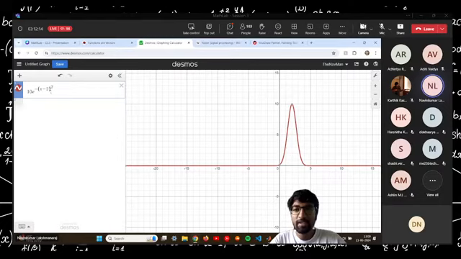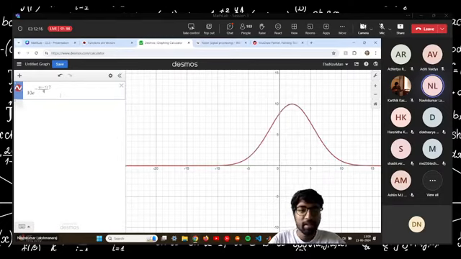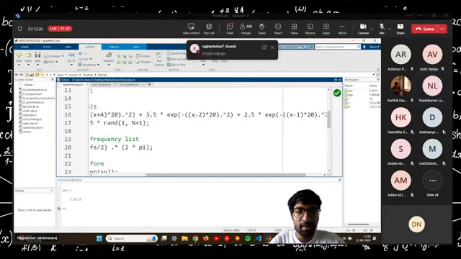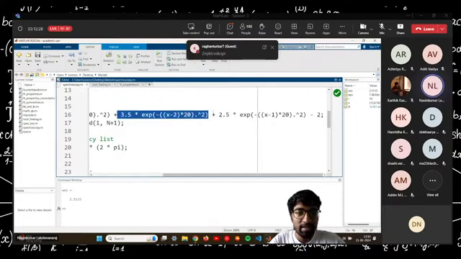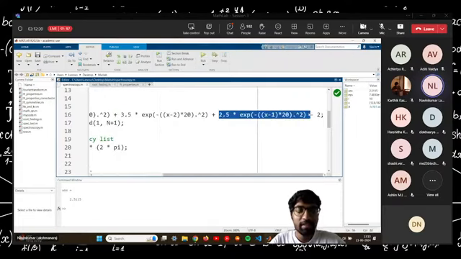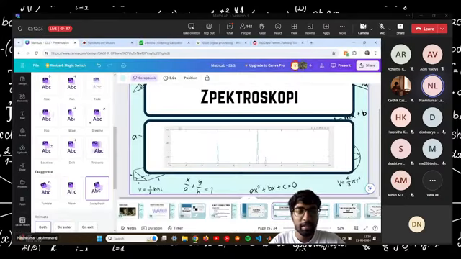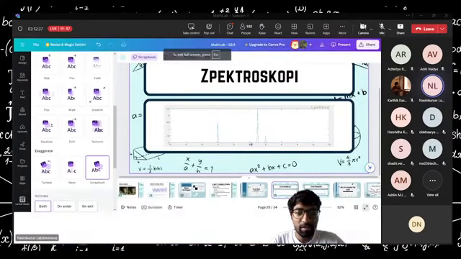But at the same time, we can shrink the duration as well by scaling the X factor. So this is what I have essentially done. I've created 3 such Gaussians, one being this, one being this, and one being this. And I have scaled them with the appropriate factors to get the spectroscopy data that I have shown here.